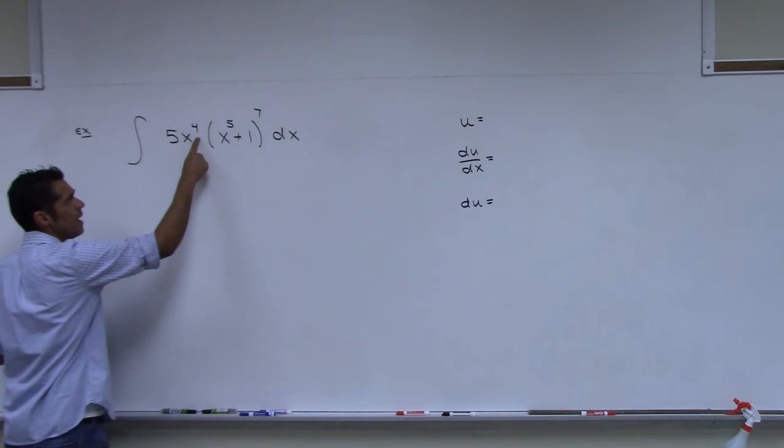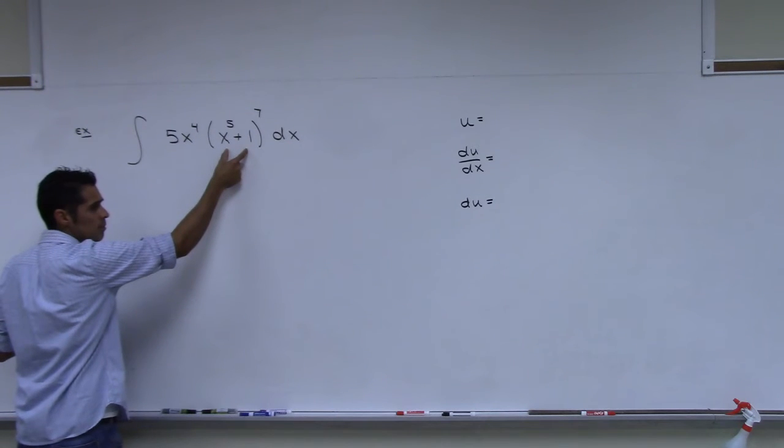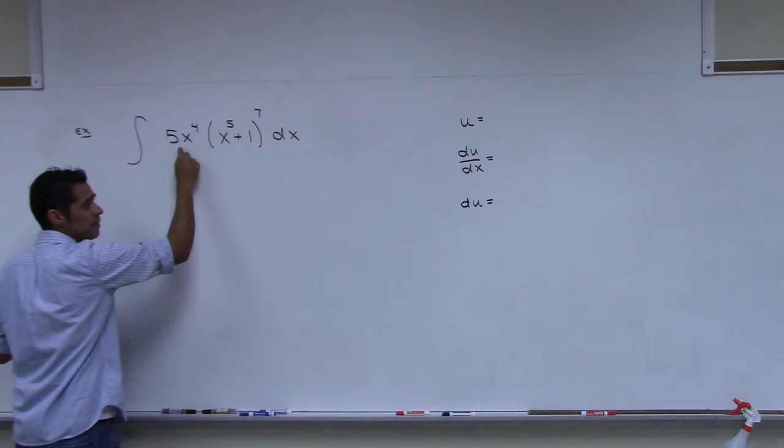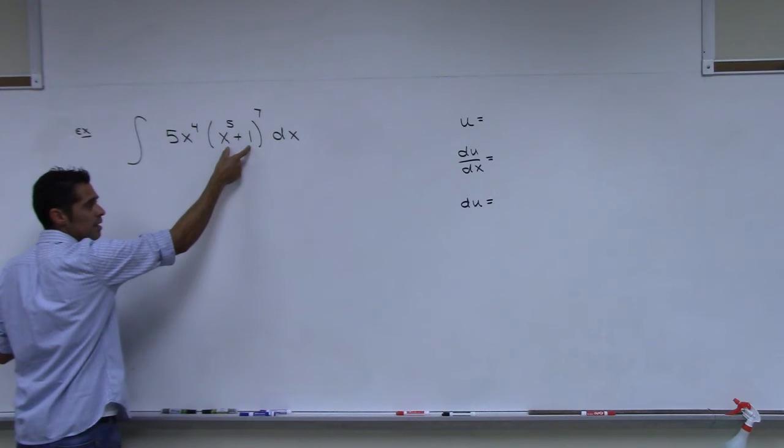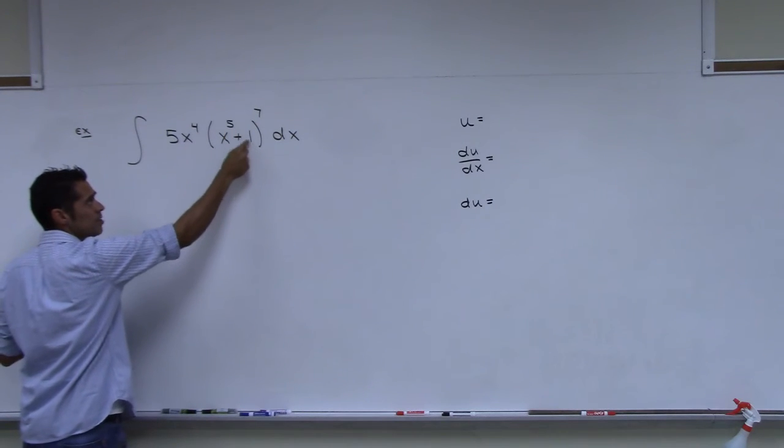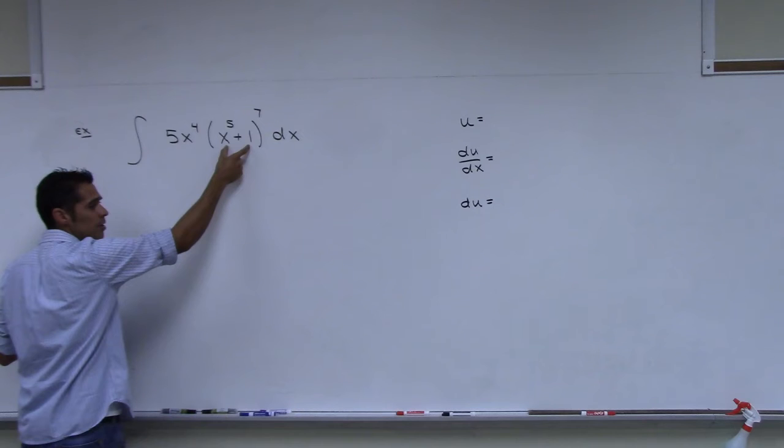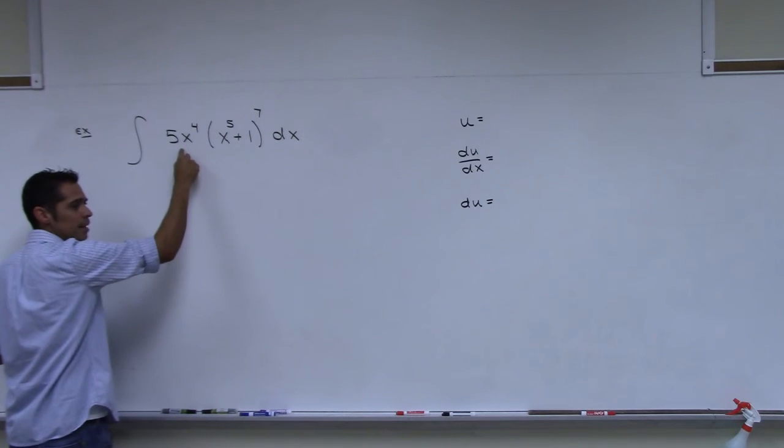5x to the fourth. What about it? That's the one inside the parentheses. Yes, this is the derivative of this, x to the fifth plus 1. If we let that be our u, the derivative of this is right there.